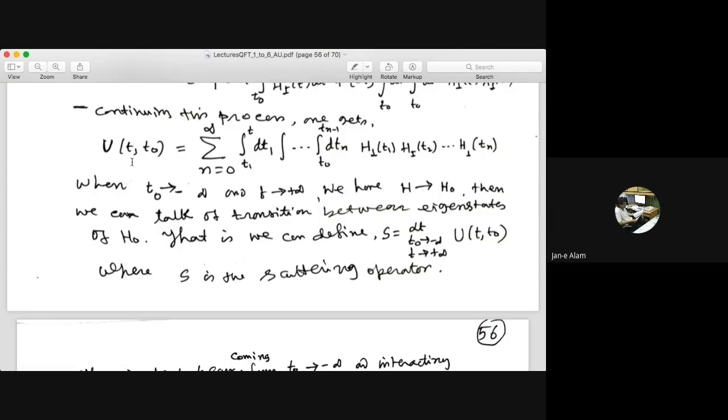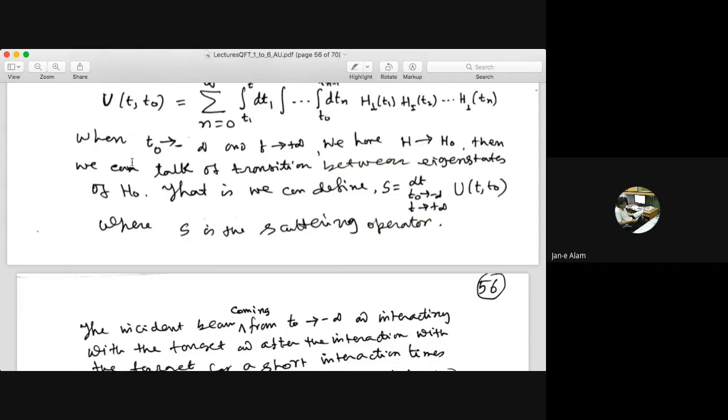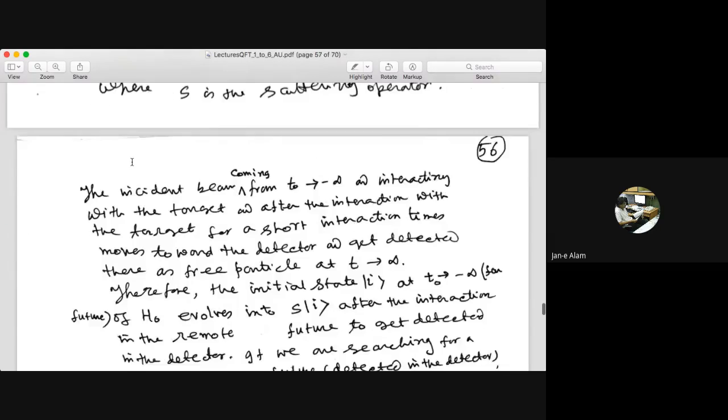So if you know the scattering matrix, then you can calculate the cross section. But we have to do it perturbatively. That is the physical interpretation which I gave.